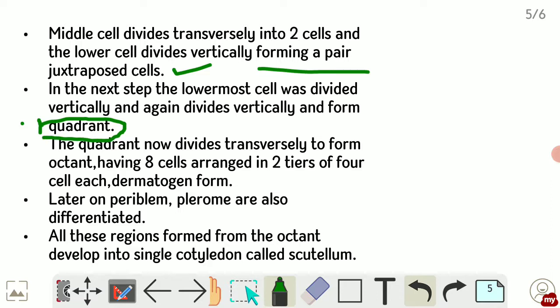Then the quadrant divides transversely to form the octant, having 8 cells arranged in two tiers of 4 cells each, and the dermatogen forms. Later peribelum and pleroma are differentiated. All the regions formed from the octant develop into a single cotyledon, that is the scutellum.